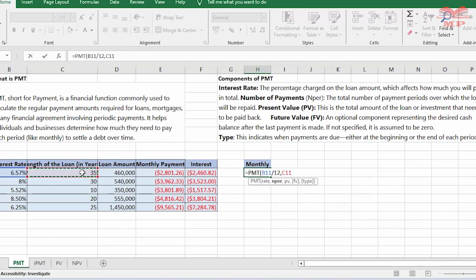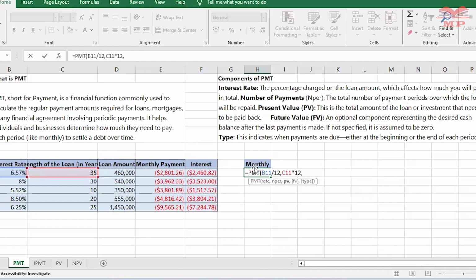This is the number of years, but because we are paying every month, we need to multiply this by 12 to show the number of months over which we will be repaying the loan. Okay, I hope this makes sense. So the multiplication by 12 is because we will be paying 12 times every year. So it is 12 times every year for these 35 years.